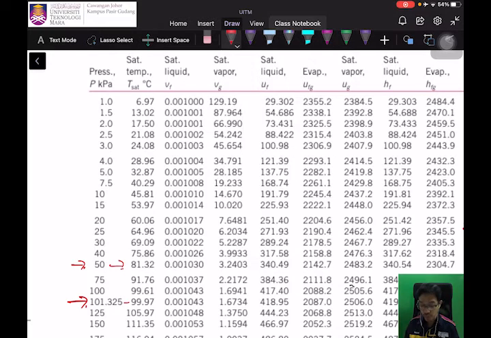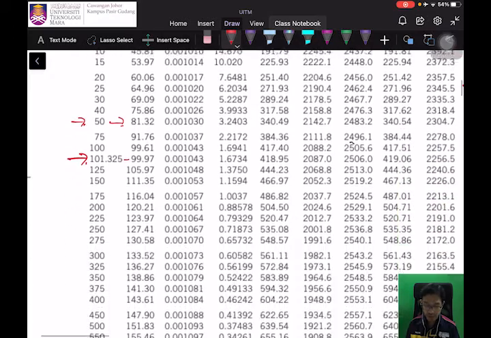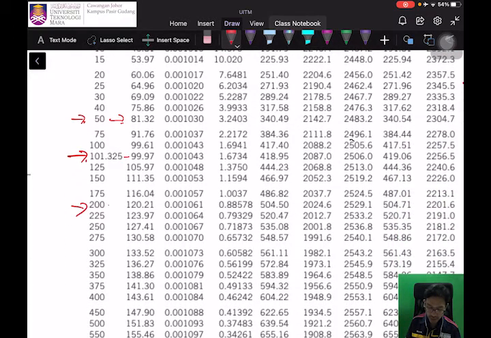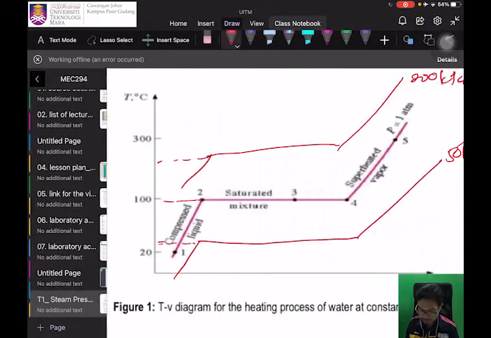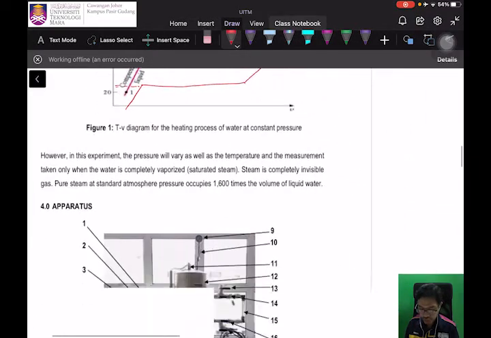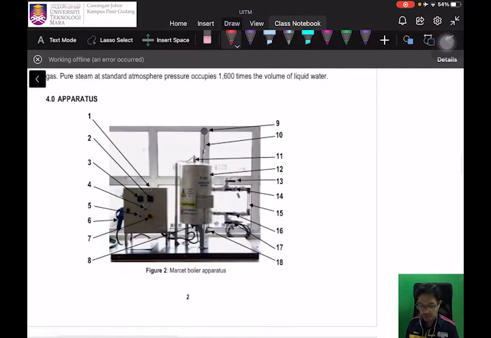You will have a lower boiling or saturated temperature if you go to lower pressure, and if you go to higher pressure, you will basically have a higher temperature also. Okay, so what you need to do in these experiments, you will do the experiments using the Marcet boiler apparatus.